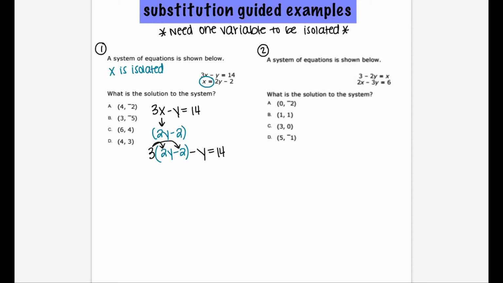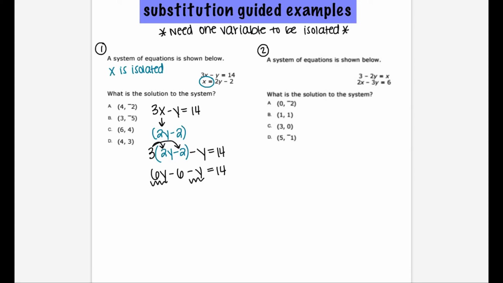So now we're going to solve for y in this equation. We've got to distribute this 3 first. 3 times 2y is 6y. 3 times negative 2 is negative 6. And then bring everything else down. Now we're at the process where we have to combine like terms.